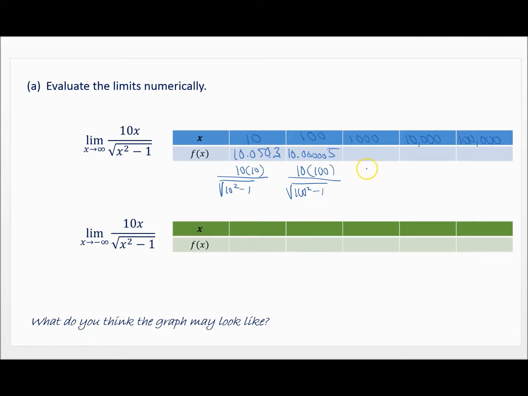And then when I plugged in 1,000, that'd be 10 times 1,000 divided by the square root of 1,000 squared minus 1. And that gave me 10.1, let's see how many zeros this has, 1, 2, 3, 4, 5, 6, 7.